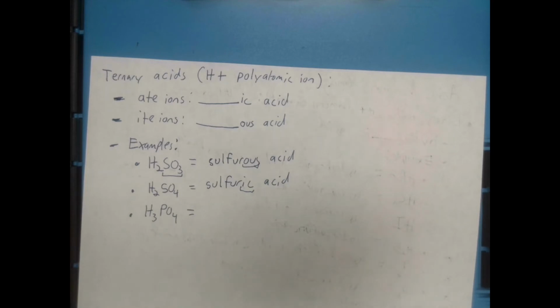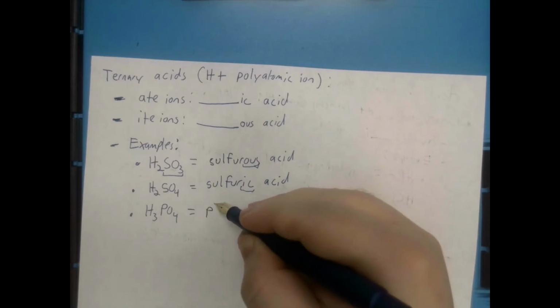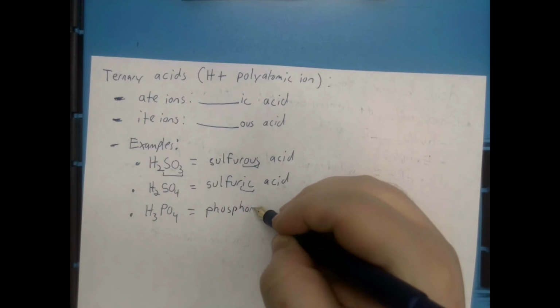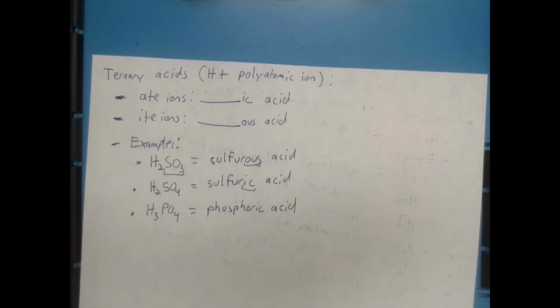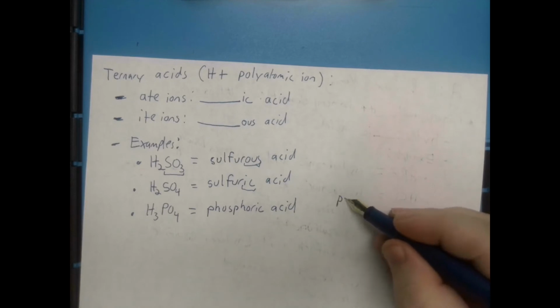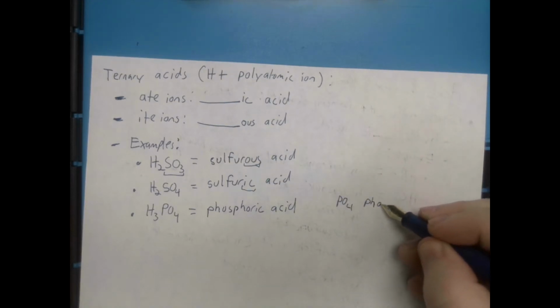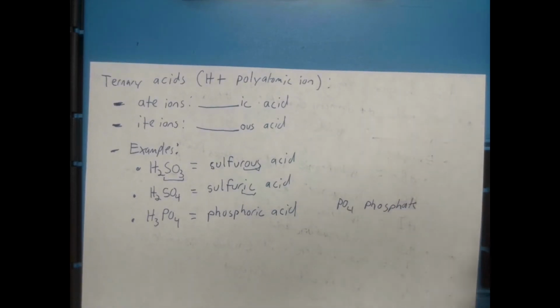It's actually better to almost say, I'll just go ahead and tell you. Phosphoric acid. So, PO4 is phosphate. And this comes from the element phosphorus.